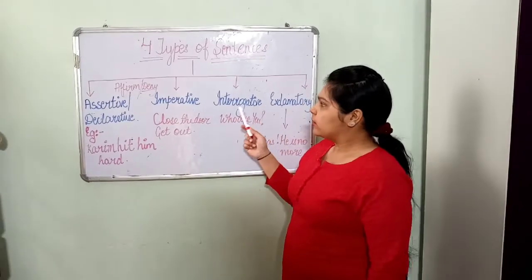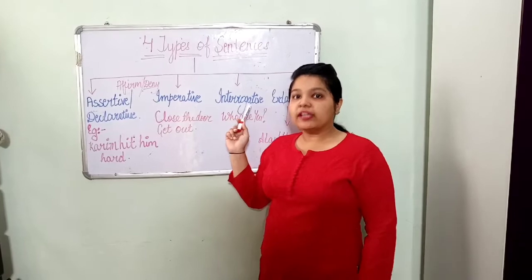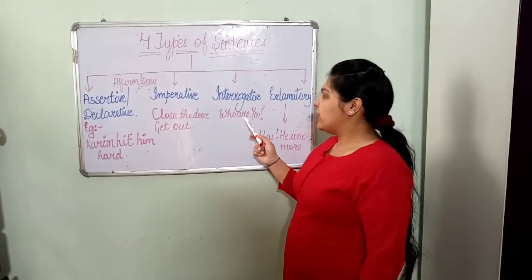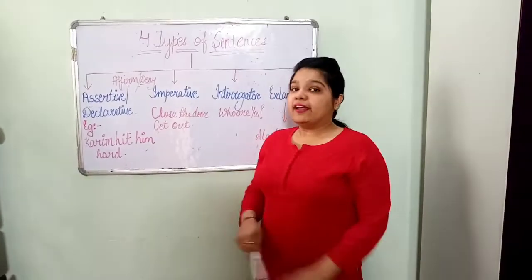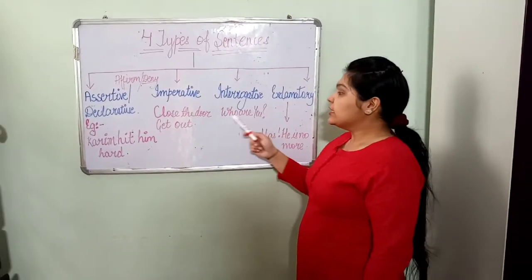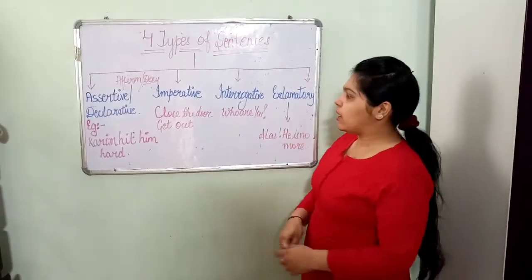And the third one is interrogative sentence. We all know what interrogative sentences are. Like, who are you? What is your name? In which the statement or the sentence ends with a question mark.